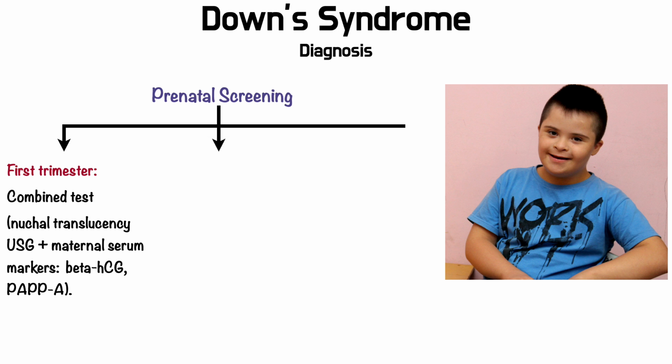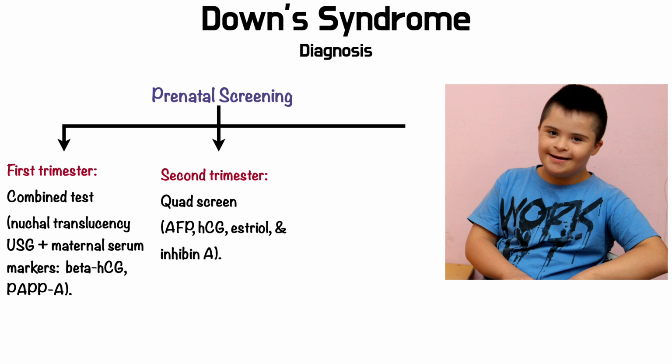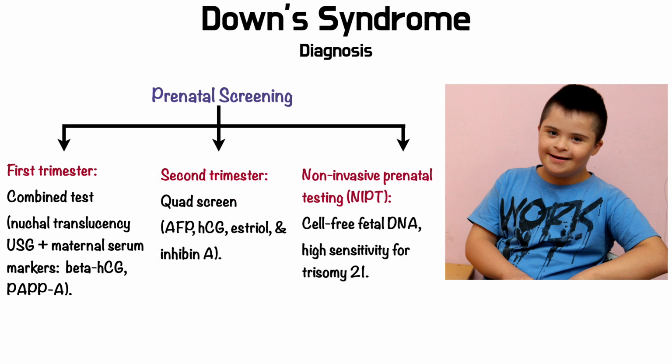The other thing that we do in the second trimester is the quad screen, where we do alpha fetoprotein, human chorionic gonadotropin, estriol and inhibin A, right? The other thing that we do is non-invasive prenatal testing, NIPT, done on cell-free fetal DNA. High sensitivity for trisomy 21 is indicative of Down syndrome.